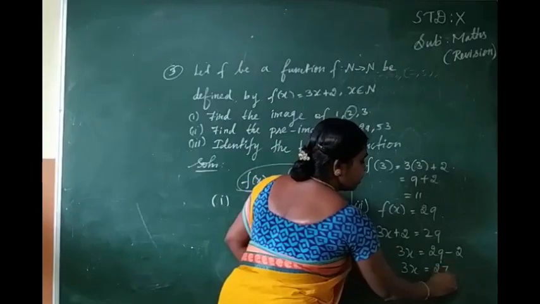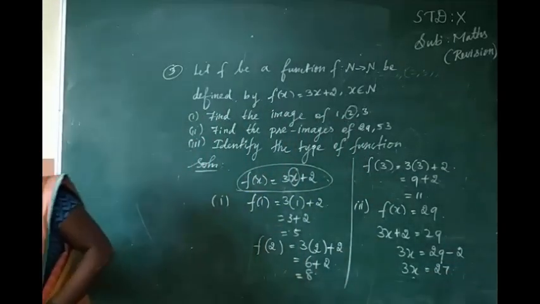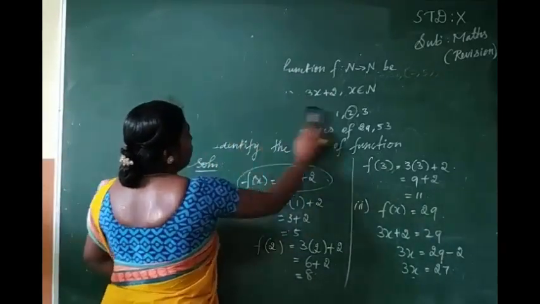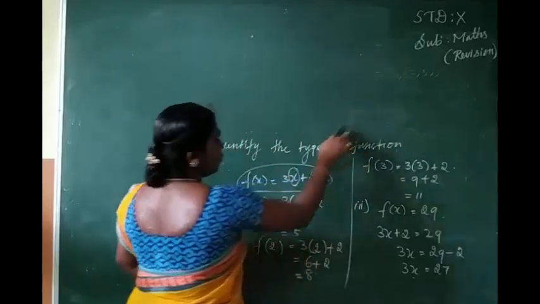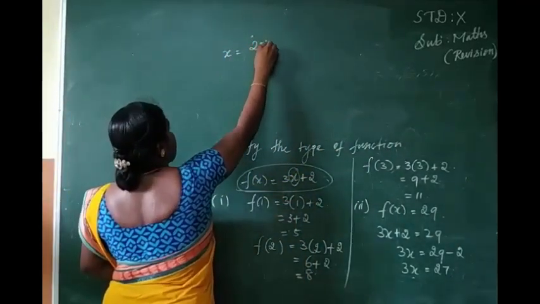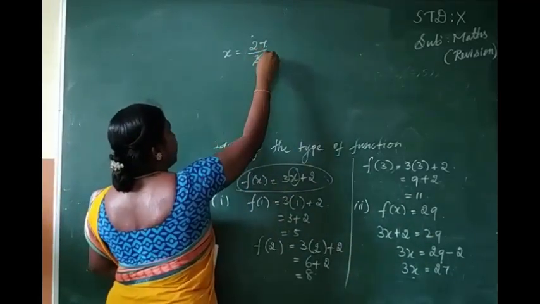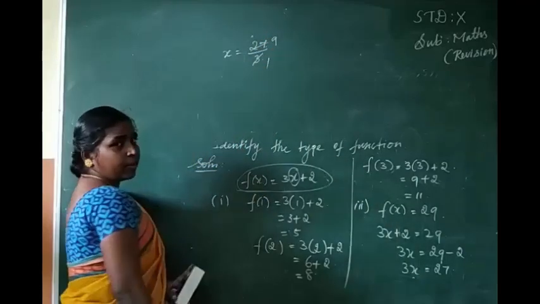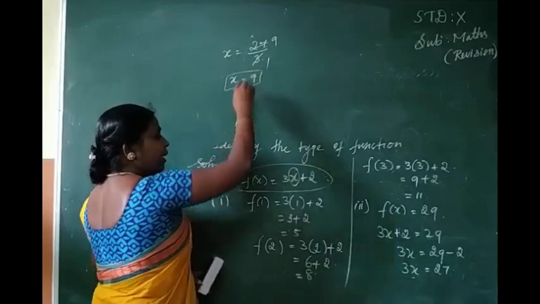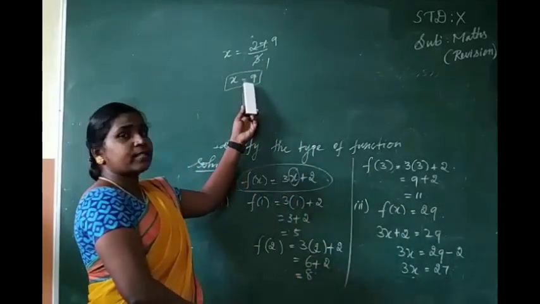Next you want to find the x value. x equal to 27 by 3. 3 you take to the right hand side, it comes in the denominator. 9 3s are 27. Are you clear? So x equal to 9. This is the pre-image of 29. You can say the pre-image of 29 is 9.